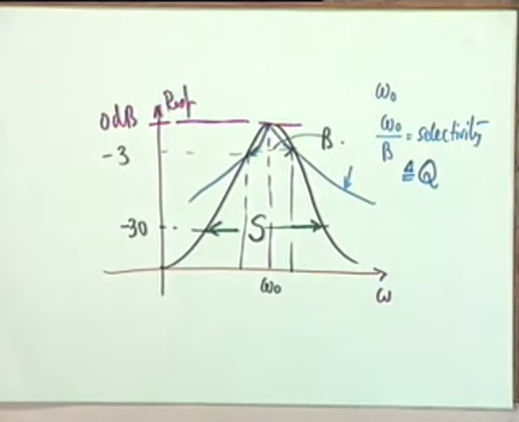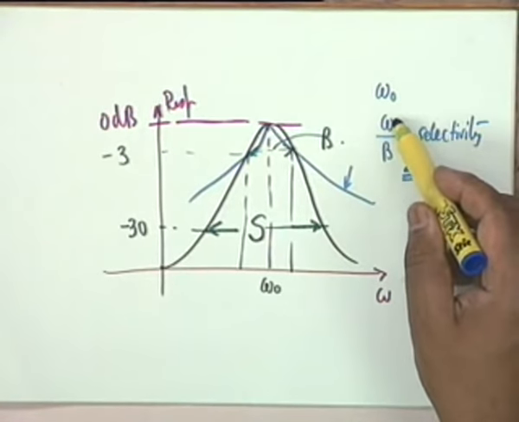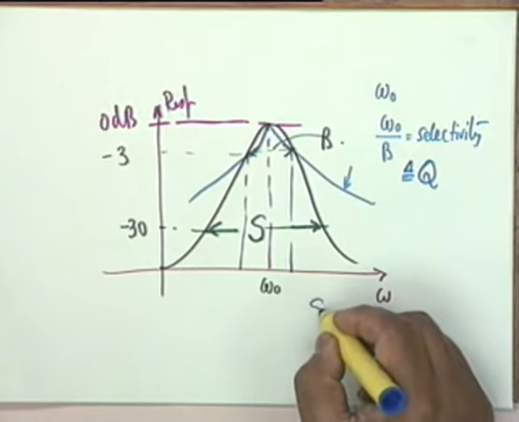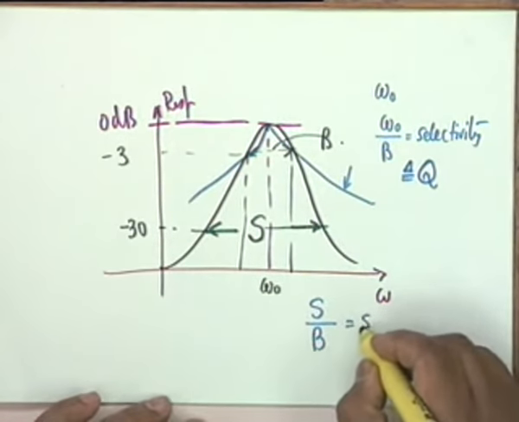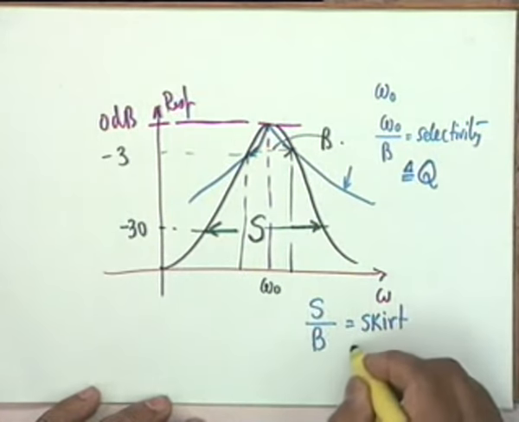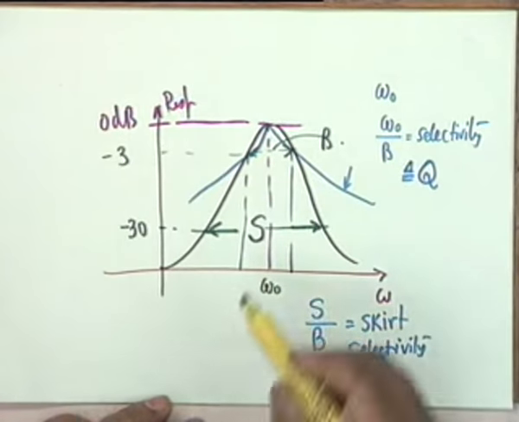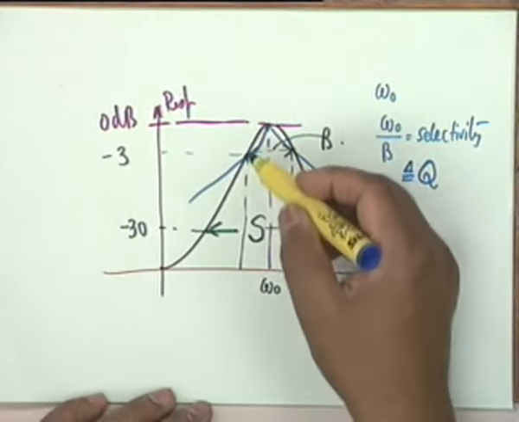As you know, Q is defined for a coil, for a condenser, for an element, but Q is also defined for a circuit by the ratio of omega 0 to bandwidth, and the ratio of S to B. The ratio of S to B is called the skirt selectivity. It is a measure of the slope of fall at the 3 dB points.